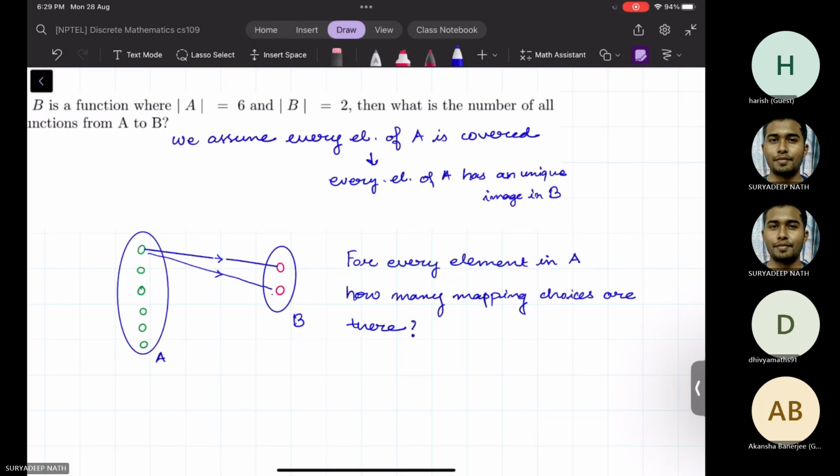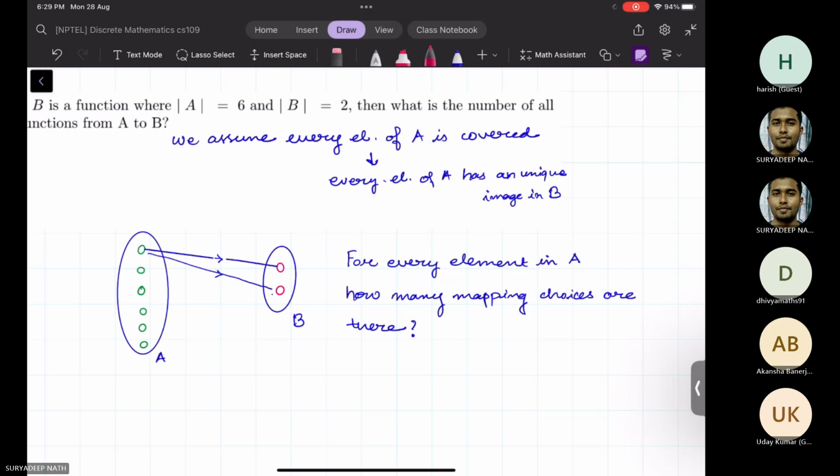What do you think is the answer to this question? How many mapping choices does every element in A have? Right, two.